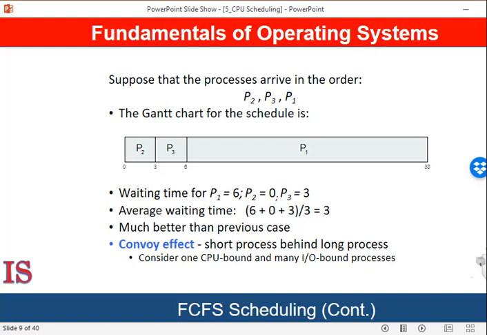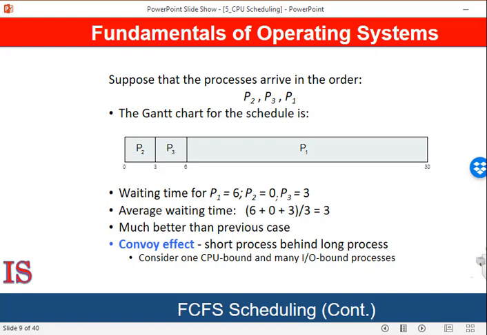The CPU-bound process will then move back to the ready queue and be allocated the CPU. Again, all the input-output processes end up waiting in the ready queue until the CPU-bound process is done. This effect results in lower CPU and device utilization than might be possible if the shorter processes could go first.